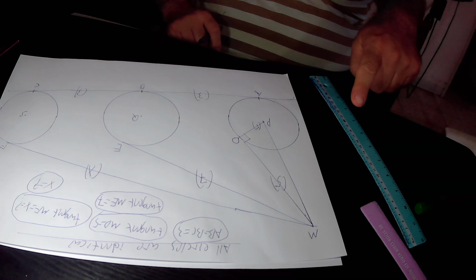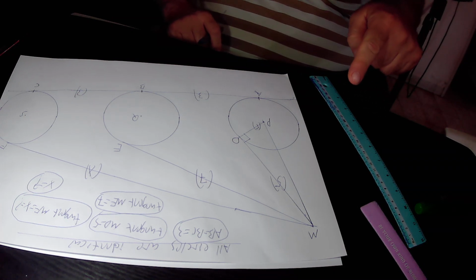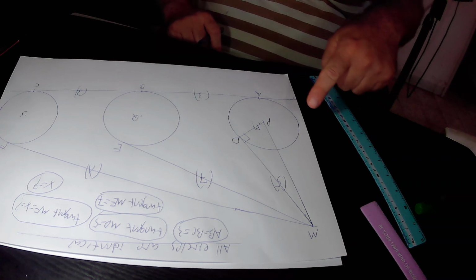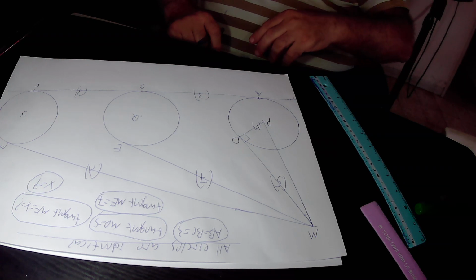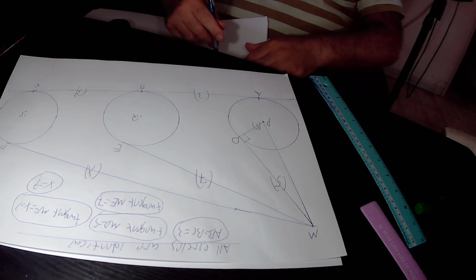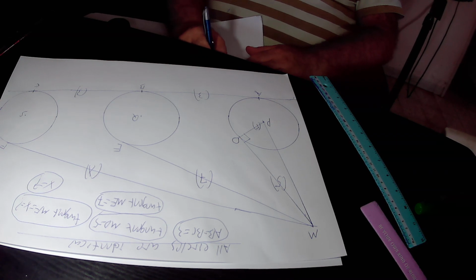The hypotenuse in this right triangle MPD is MP, therefore MP square must be equal to PD square plus DM square. So I write it down: MP square, that is the square of the hypotenuse, equals PD square plus MD square.